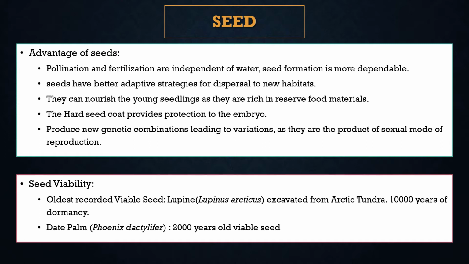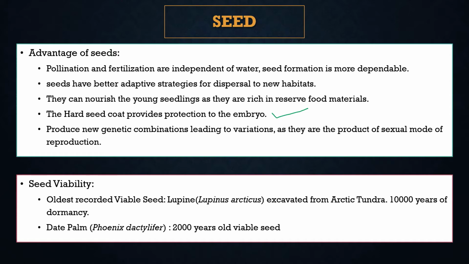As they have rich food material reserved in the form of, let's say, cotyledons, they can nourish the young seedlings in a much better manner. The hard seed coat provides protection to the young, delicate embryo inside it.